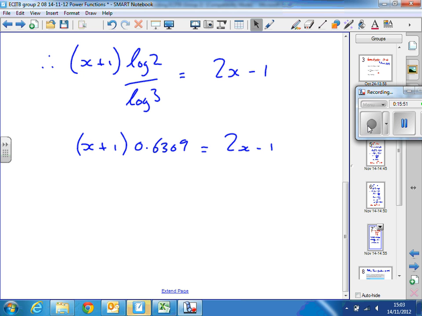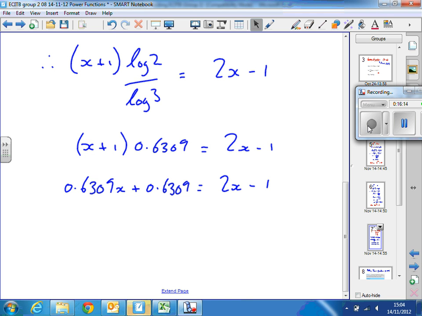Now we multiply out the brackets, and you can see that that's made life very easy for us now, because it's just 0.6309x plus 0.6309 equals 2x minus 1. So we expand out the brackets and we get this.